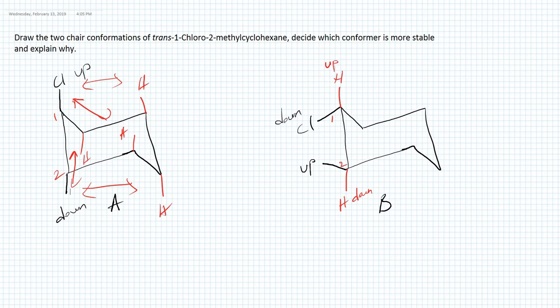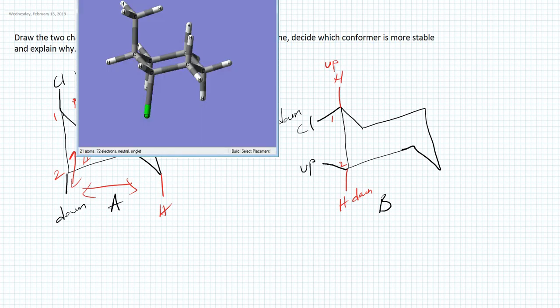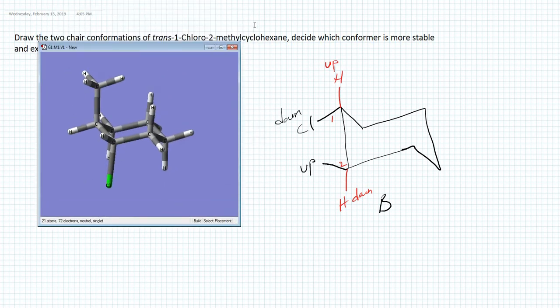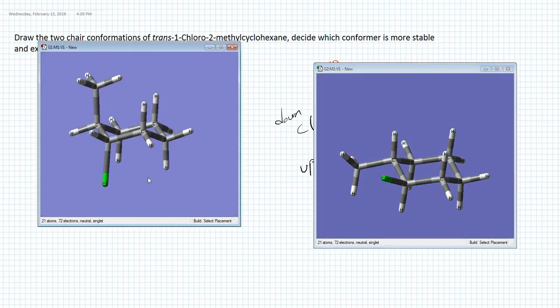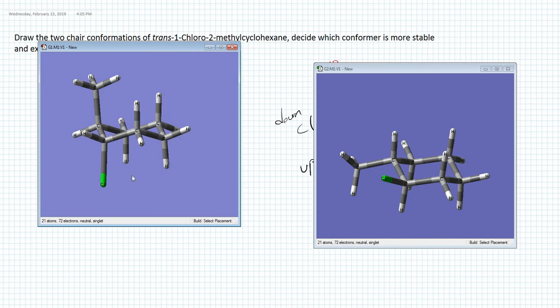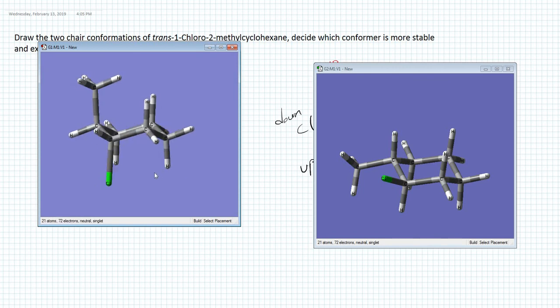So let's look at 3D models of A and B. For A, both groups are in axial positions, and you can see that this methyl group is interacting with 2 up axial hydrogens, and the down chlorine, or axial chlorine, is interacting with the other 2 down axial hydrogens.